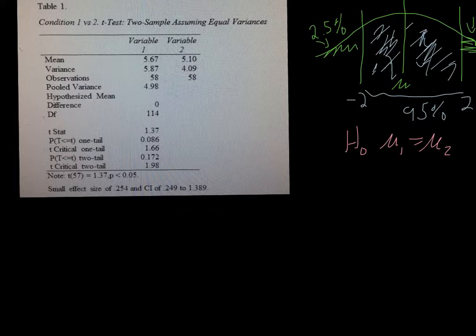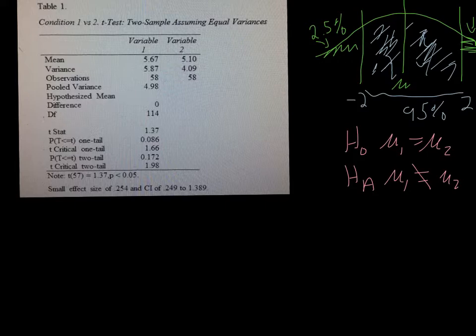If they're not equal, if that's your alternate hypothesis, that just means they live in the green region on your graph. They're in that extreme area of the 5%, if it's one-tailed, or 2.5% on either side if it's two-tailed. And that's all we're testing, okay?